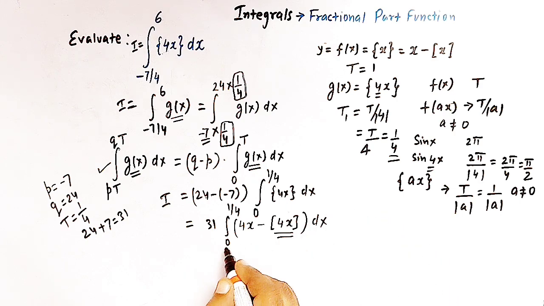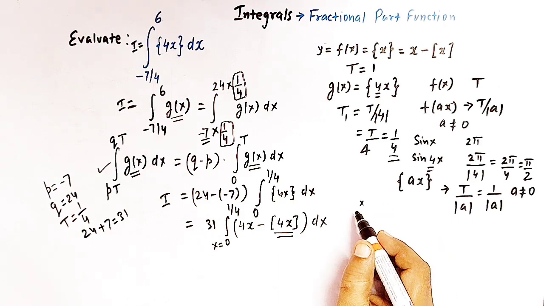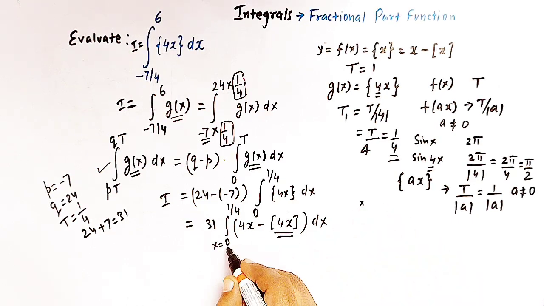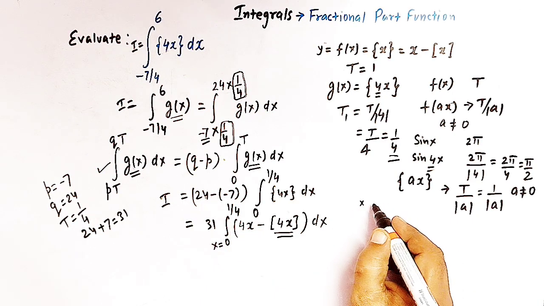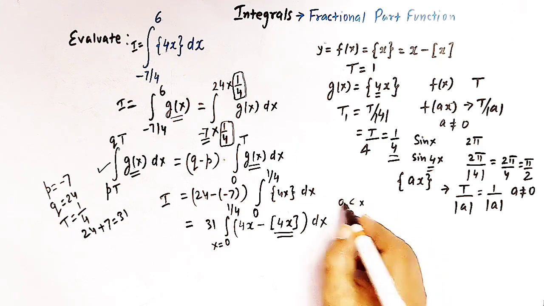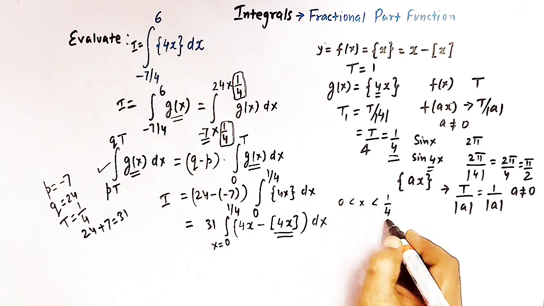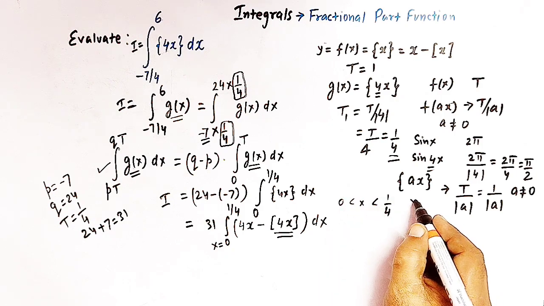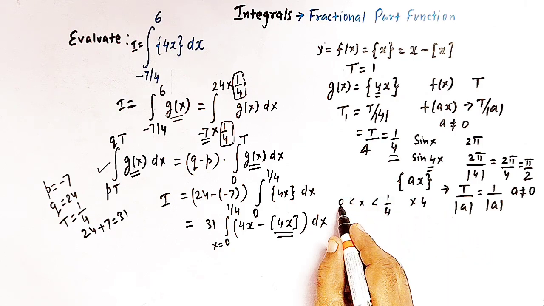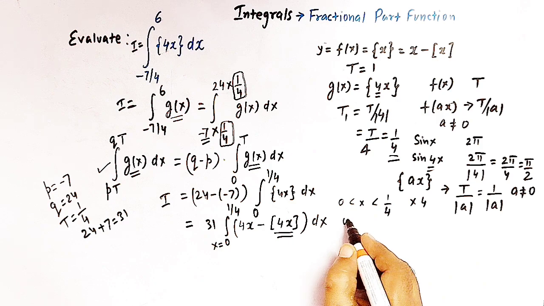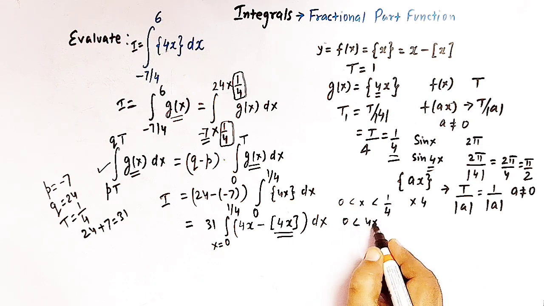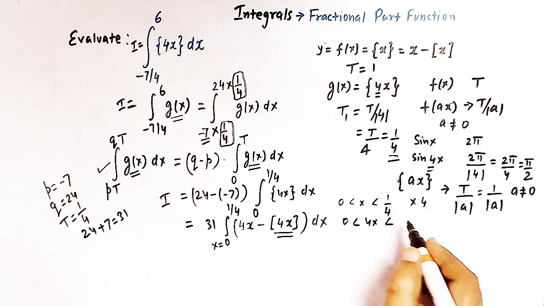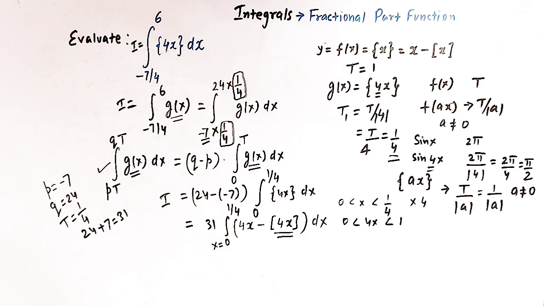Now see, here the limits of integration vary from 0 to 1 by 4, so x lies between 0 and 1 by 4, and if we multiply this inequality throughout by 4, then we have 0 times 4 is 0, and here we have 4x, and here 4 and 4 get cancelled, so we are left with 1, right?